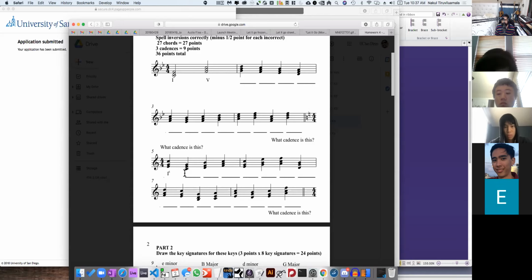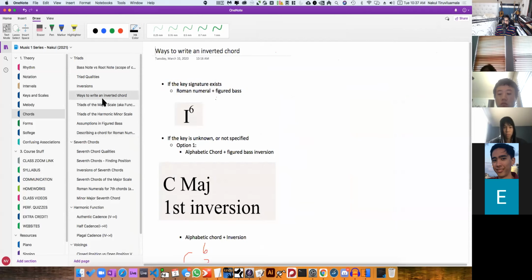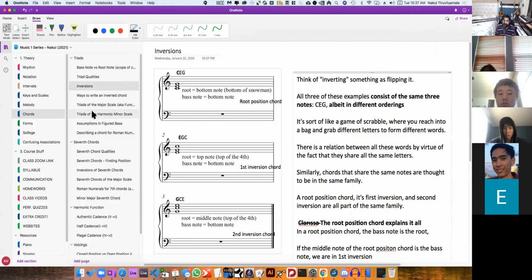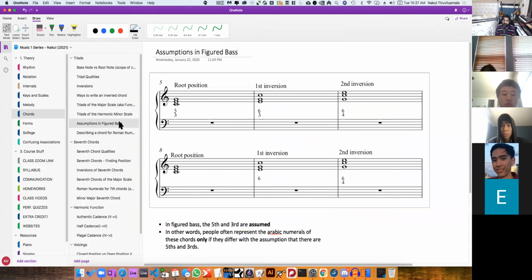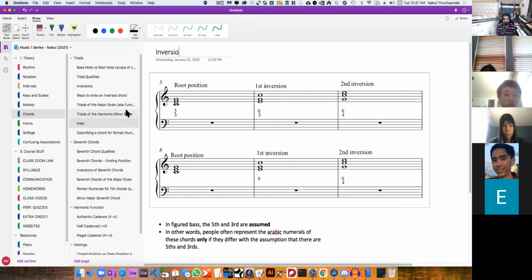And then let's follow up on this and figure out what inversion we're dealing with, right? Let's see. I'm just going to call it inversions and figured bass.